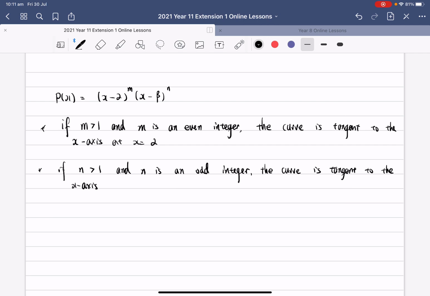So we call this the horizontal point of inflection. Later, when we're dealing with curve sketching, I will tell you more about the horizontal point of inflection. So it actually crosses the x-axis.